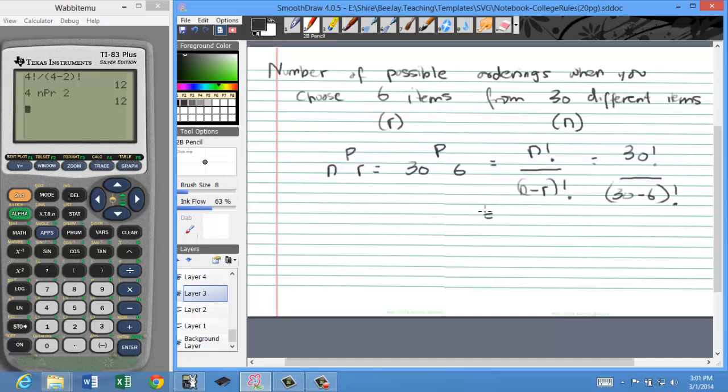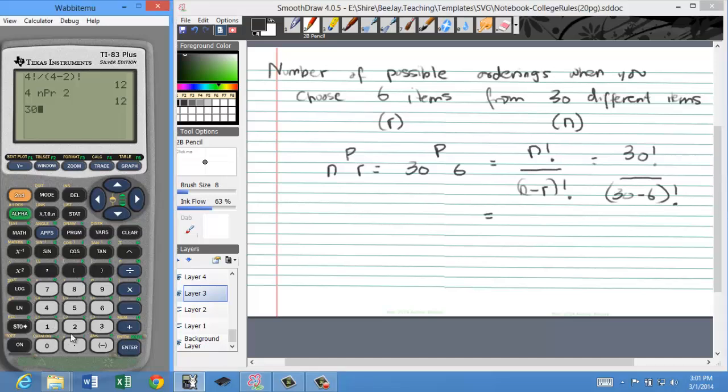And we can find this answer using the calculator as follows. And those are the number of possible ways.